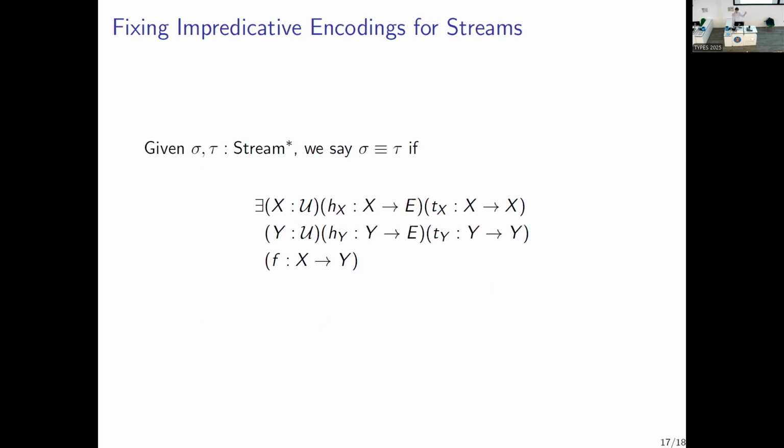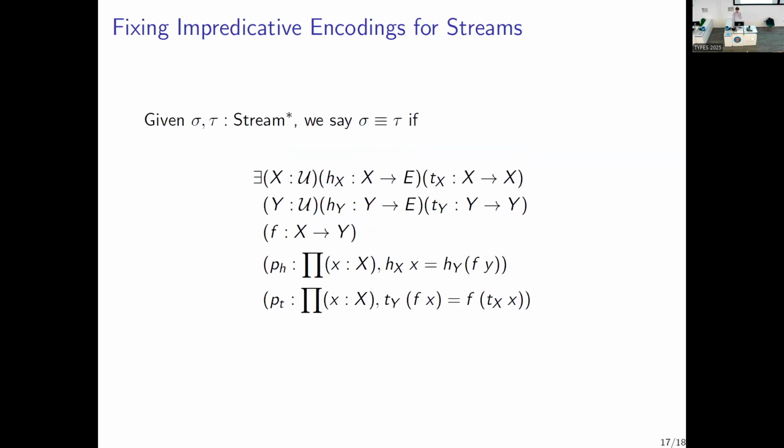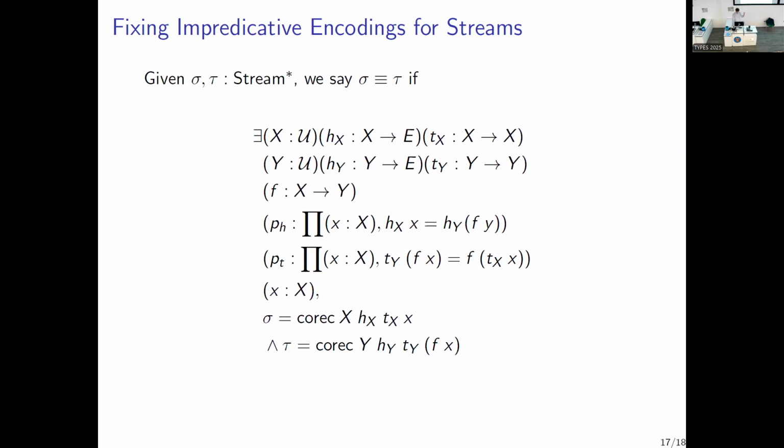If we have a function f that is a co-algebra morphism, meaning that it preserves both the head and the tail, and if there's something in x, which, if we think back about the triangle, was in the lower left corner, that gets mapped to sigma on this leg and to tau if we take this route. So, correct X applied to x, correct Y applied to f of x.